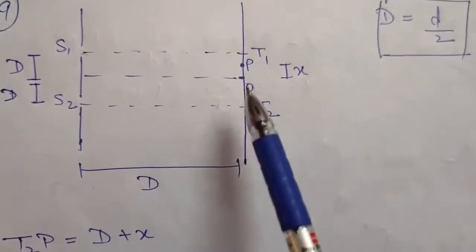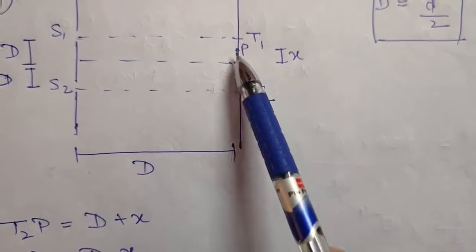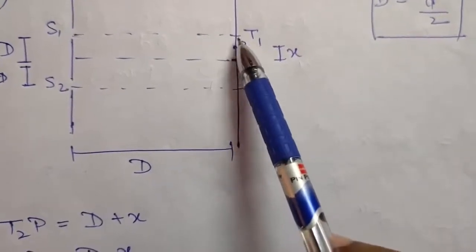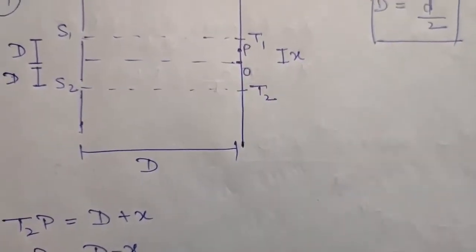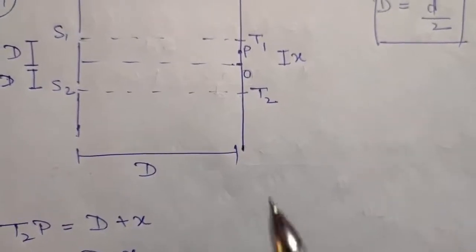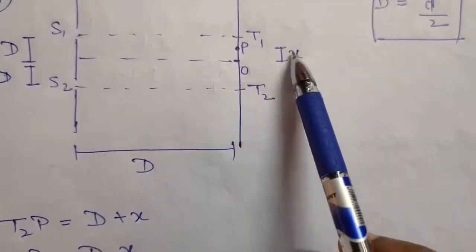So you can say we want our OP to be x. Only then your first minima will be falling at distance D from the center.